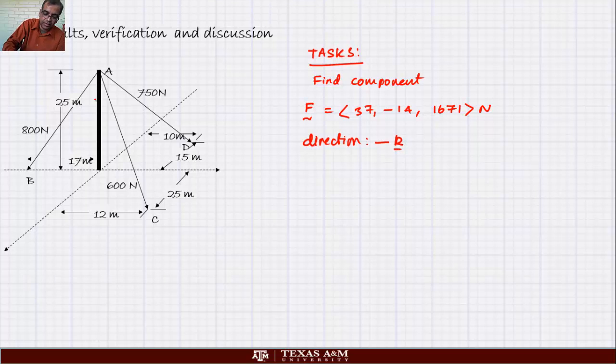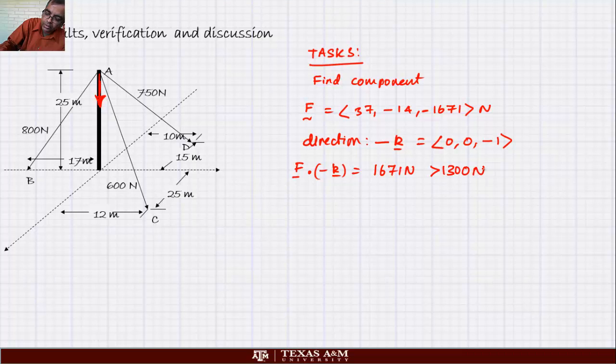Can you see? That's this way. Which is 0, 0, minus 1. So F dotted with minus K equals 1671 newtons, which is more than 1300 newtons.